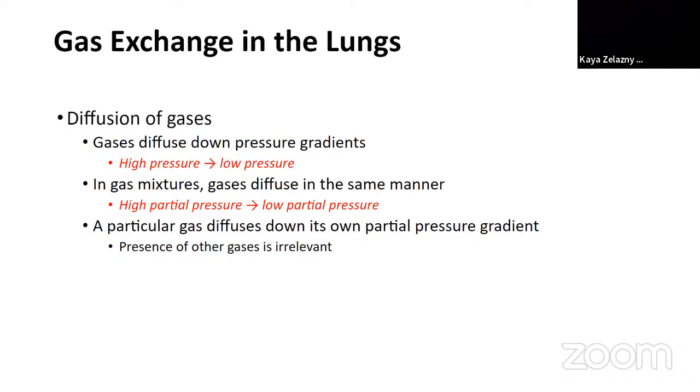So, like everything else, gases diffuse down gradients. When we're thinking about our gases, we're thinking about pressure gradients here. They're going to move from areas of high pressure to areas of low pressure. So even though now we're talking about these partial pressures, the same basic rule that we've seen throughout this course is going to apply, moving from high pressure to low pressure.